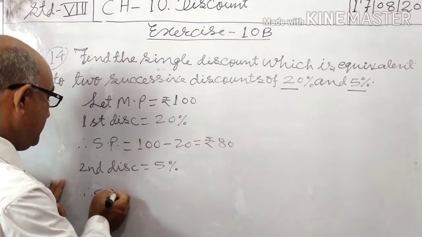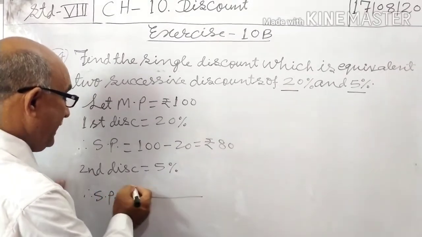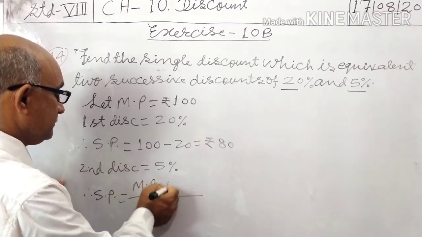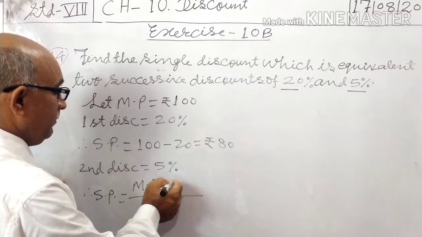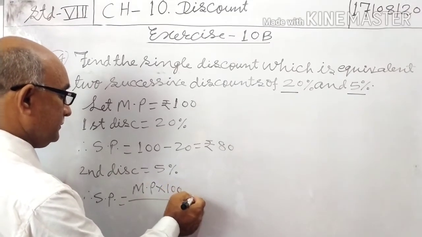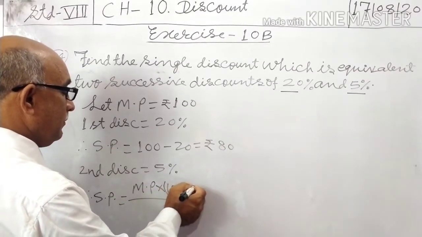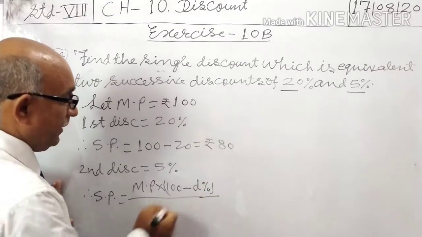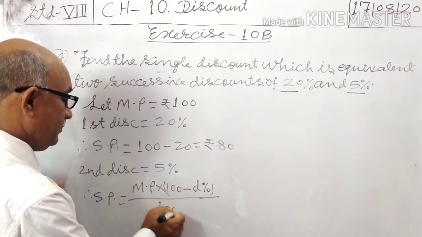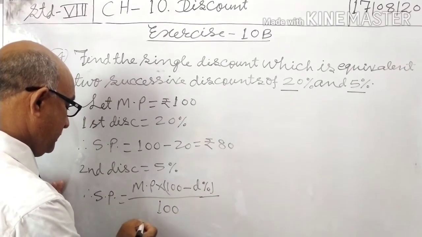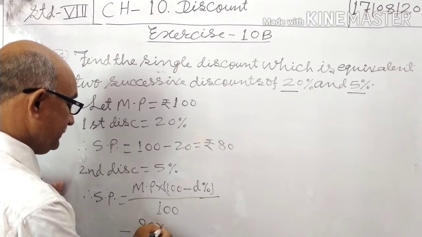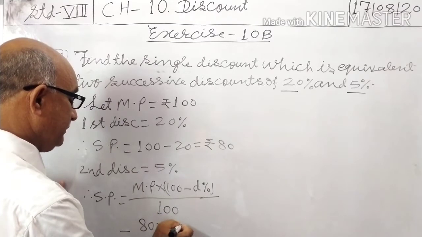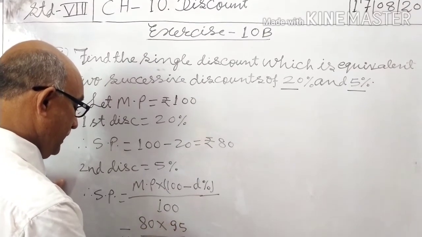Therefore SP equal to formula MP into 100 minus discount percent by 100, equal to 80 into 100 minus 5, 95, by 100.